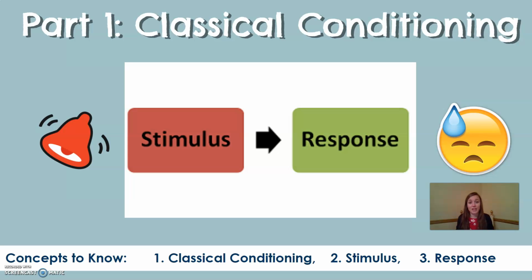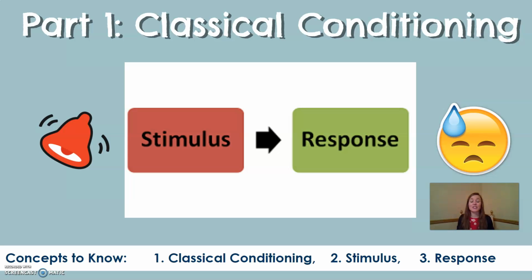It was neutral. Now, there are different stimuli that do cause you to have reflexive responses. For example, heat causes you to sweat. A bright light in your eye causes your pupil to constrict. Those are stimuli that do cause reflexive responses.